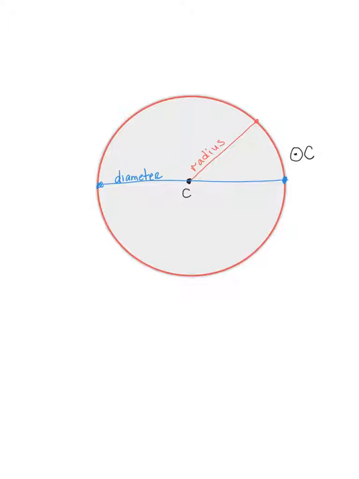The diameter is the longest chord of a circle, and a chord, by definition, is a segment with both end points on the circle. So I can have chords of all lengths in here. But my longest chord is my diameter.